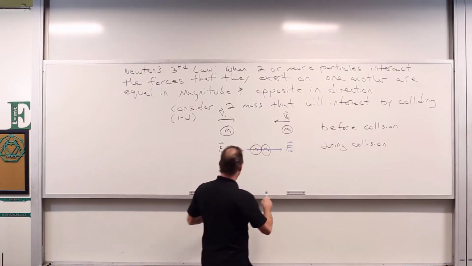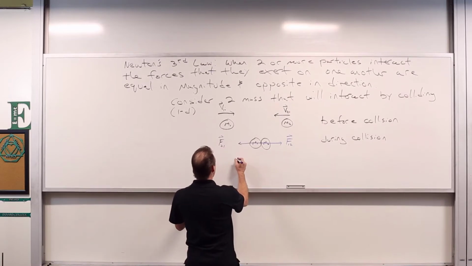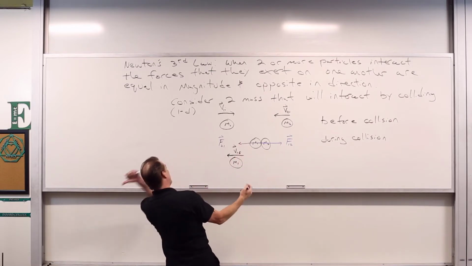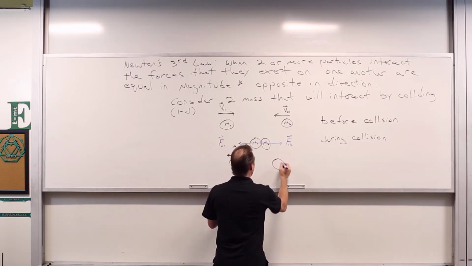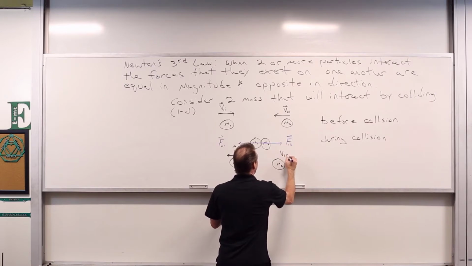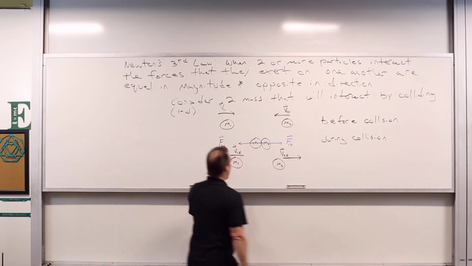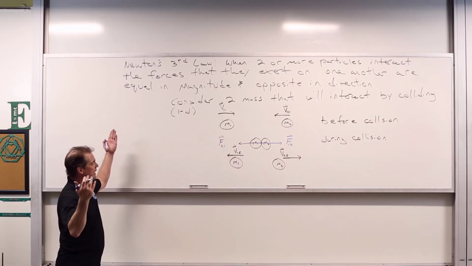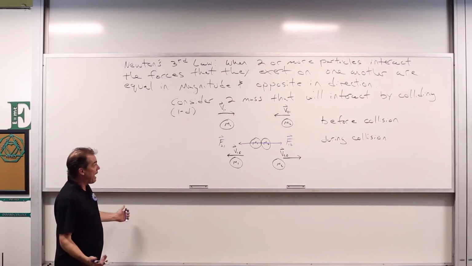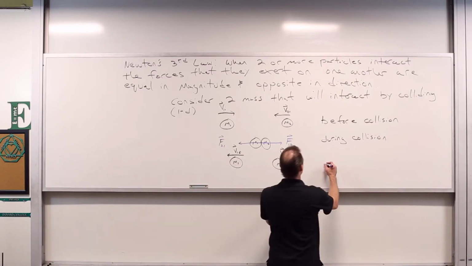Let us just say, for argument's sake, that we've got an M1 with a V1 final hat going that way, and an M2 with a V2 final hat going that way. Just to put something in, they have different velocities after. So after collision.